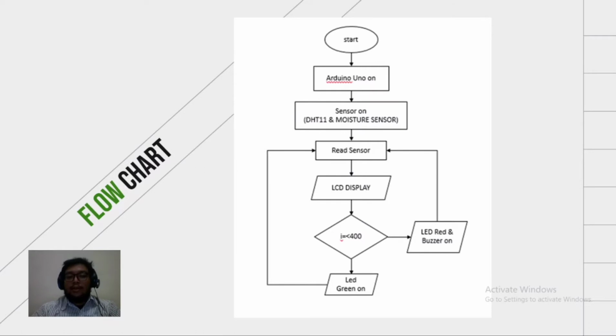If the level is below 400, the moisture level is good, and then the green LED will turn on. Else, the red LED and the buzzer will turn on to give the information that the soil is dry.